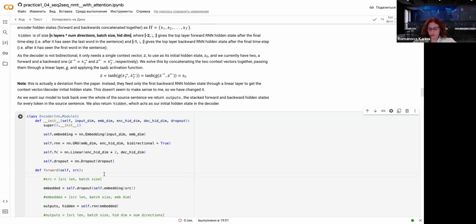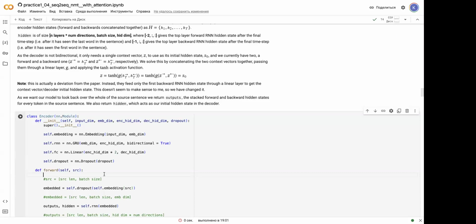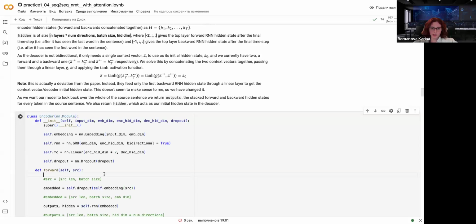Because we worked with LSTM in previous lessons, and I think we didn't meet this. No? Okay, it's a modification of the LSTM layer.